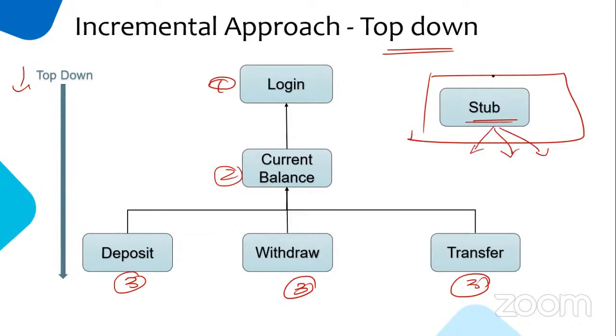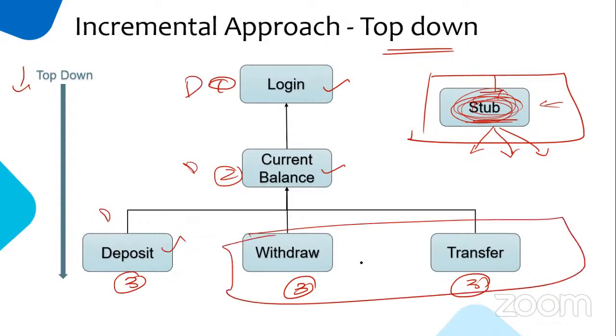Even nowadays, on the testing side, they are doing some courses on the Mockito framework. Many frameworks talk about stubs. What actually is a stub? Now, the same development team created the code for the login application, and then current balance and deposit. So this is developed. Now this is not developed, right?